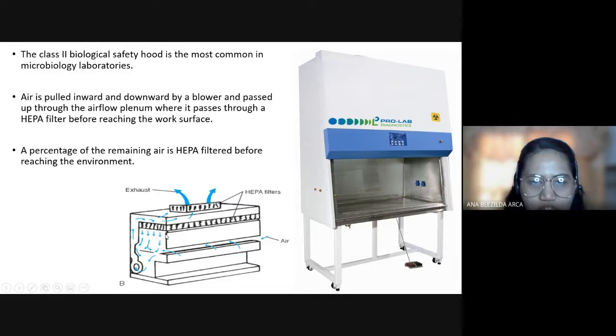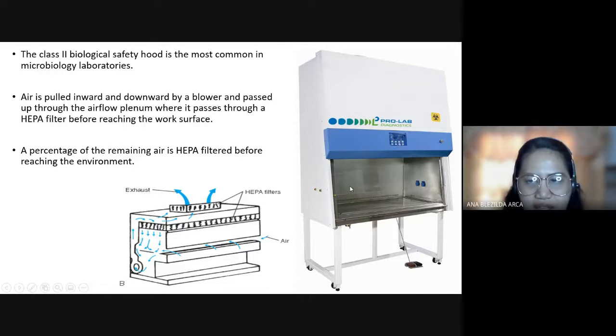And then the percentage of remaining air is HEPA filtered before reaching the environment. Ibig sabihin nun, papasok daw siya, tapos bababa, tapos lalabas uli dito, tapos papasok uli dito sa baba, and then lalabas na siya sa HEPA filter. Okay? Yun yung kanyang airflow. Papasok siya, bababa, lalabas ulit, bababa ulit, and then exhaust na. Okay? This is the class 2 biosafety cabinet.